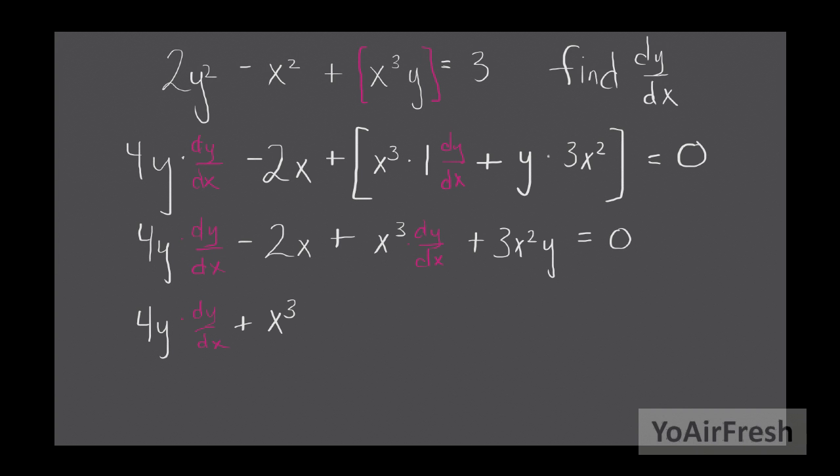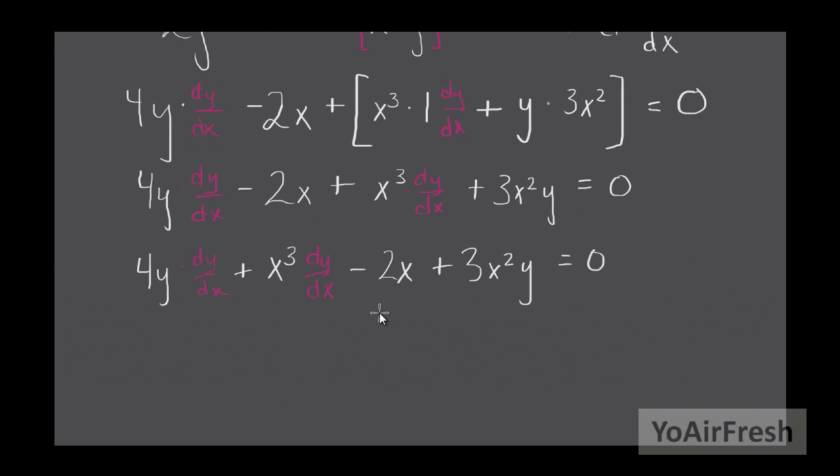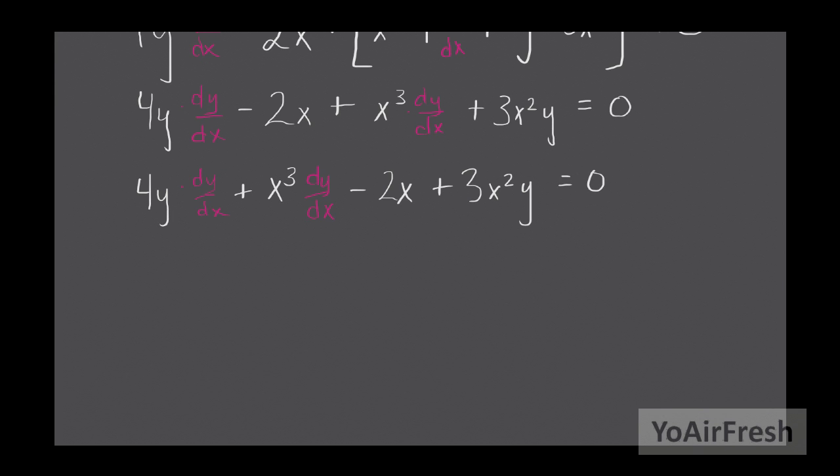Gotta remember to use the other color here. Dy dx minus 2x plus 3x squared y equals 0. Okay, now the problem looks a little bit more organized.